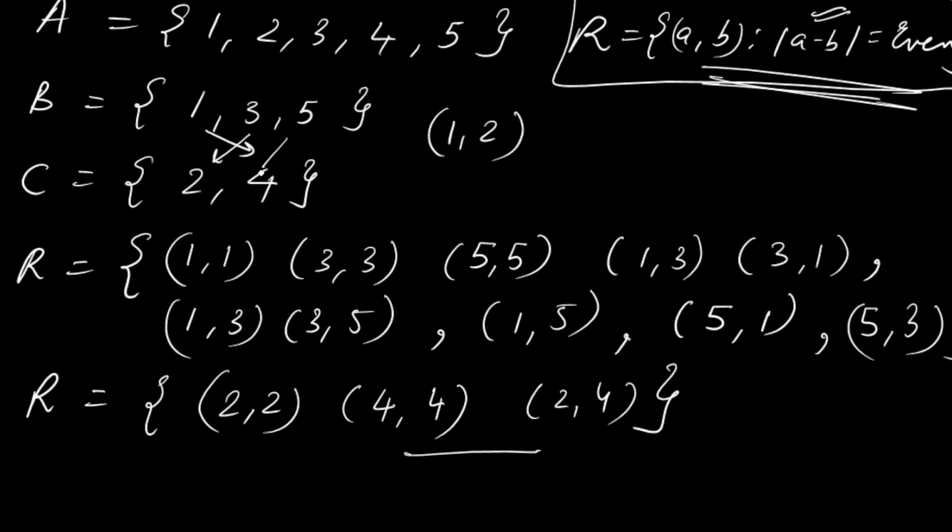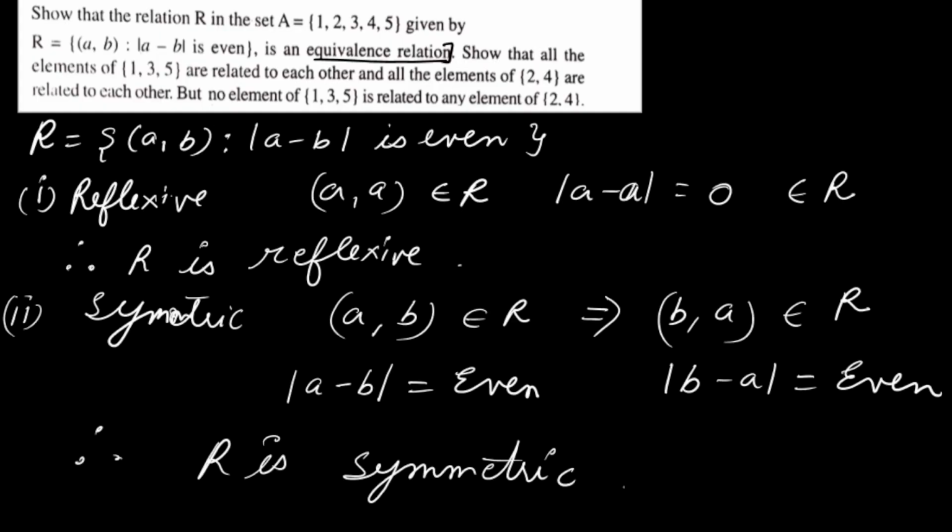So we can mention that elements of set B and set C are not related to each other. Therefore no element of the set {1, 3, 5} is related to any element of the set {2, 4}. I named this one B and this one C, because if you relate 1 with 2 or 1 with 4, they will not satisfy this relation.